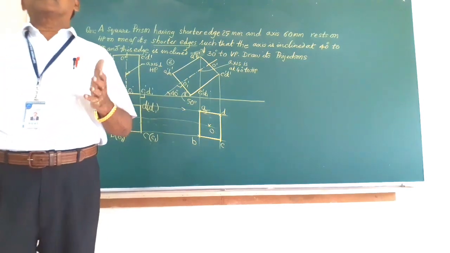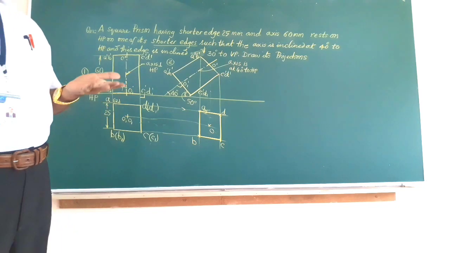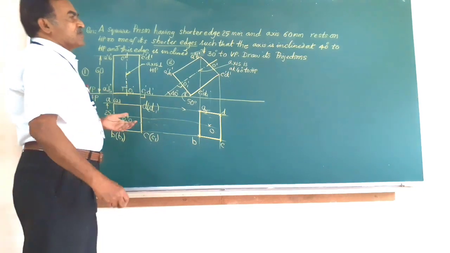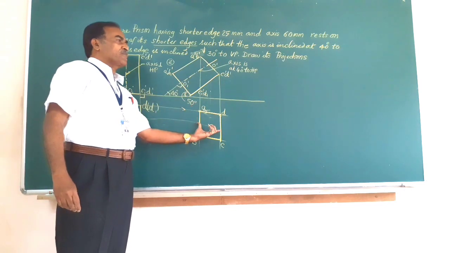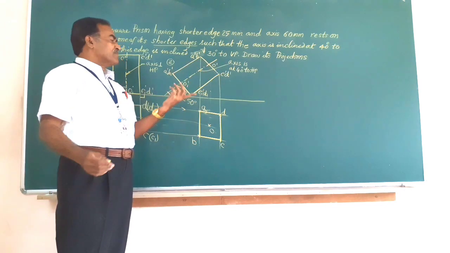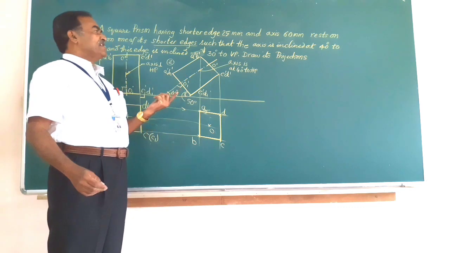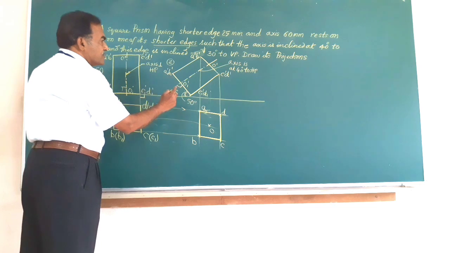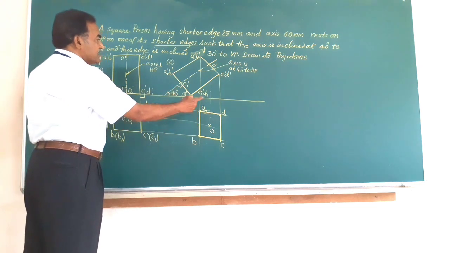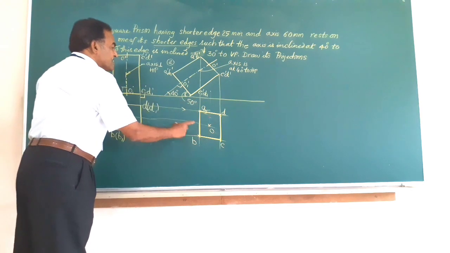While teaching the projection of the triangular prisms, I told you for all these prisms and cylinders, whatever figure you get in the top view for that face, a similar figure is obtained for the bottom face. So when you get the points for the bottom face, A1 B1, B1 C1, C1 D1, D1 A1, you will have a similar figure.